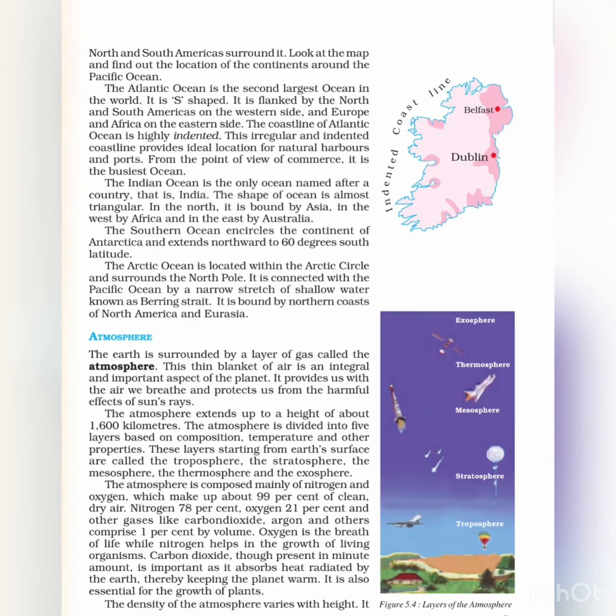Now, children, the atmosphere is composed mainly of nitrogen and oxygen, which make up about 99% of clean, dry air. Nitrogen is 78% in the atmosphere, oxygen is 21%, and other gases like carbon dioxide, argon, and others comprise 1% by volume.